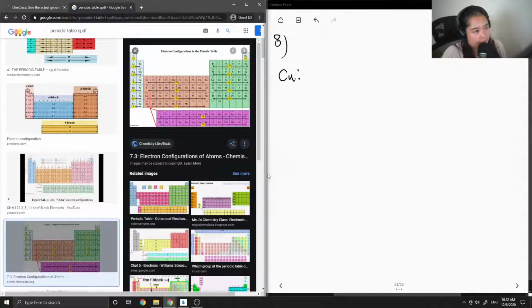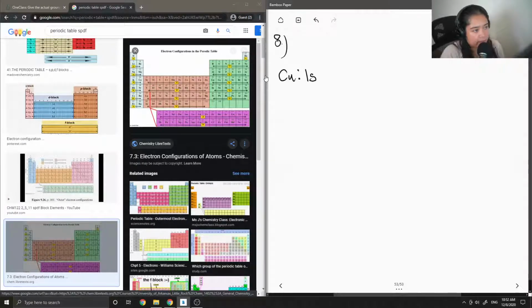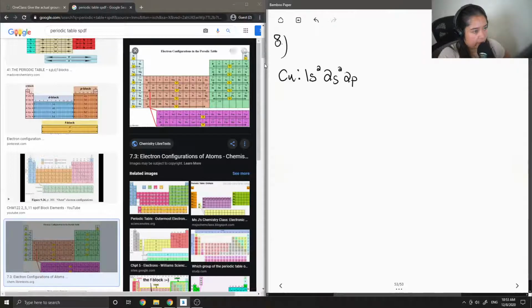So let's start off at hydrogen. Its row number is 1, its block is S, and in the 1s orbital, there's hydrogen and helium, so there's 2. So you write 1s2. And then you do the same thing going down to the next row, 2s2. And then moving over, we're in the 2p, and the number of elements there is 6.